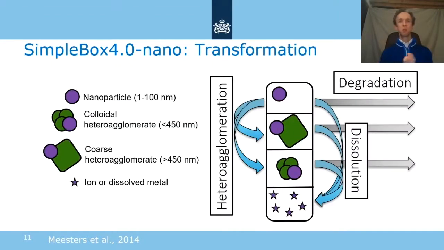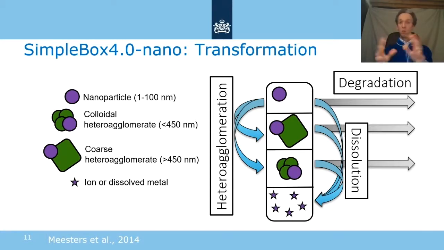The transformation processes are a bit more interesting. We included two types of aggregates. We call that heteroagglomeration, when a nanomaterial sticks to another, naturally occurring particle, because this is ubiquitous, right? We have aerosols in air, we have sand and particles in soil, and we have other suspended colloids and so on in water.